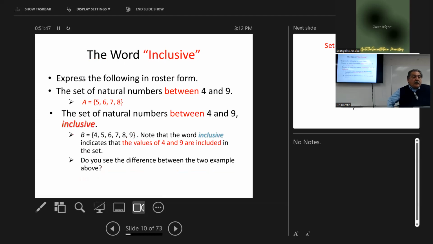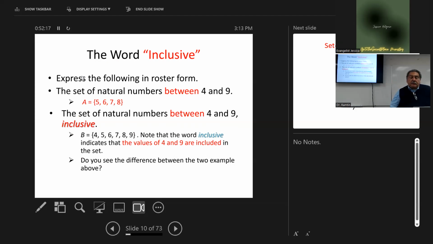Now, a set can be inclusive or not inclusive. For example, if it tells you to write a set of natural numbers between 4 and 9, it means do not include 4 and 9. So it would be 5, 6, 7, and 8. A is equal to braces 5, 6, 7, and 8, close the braces.